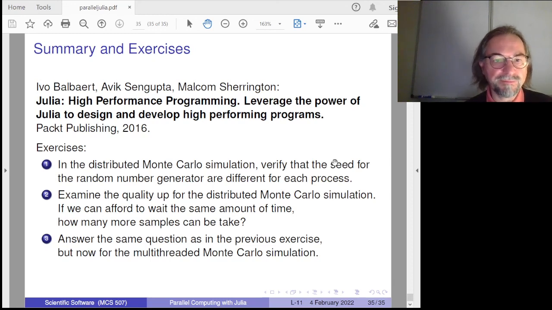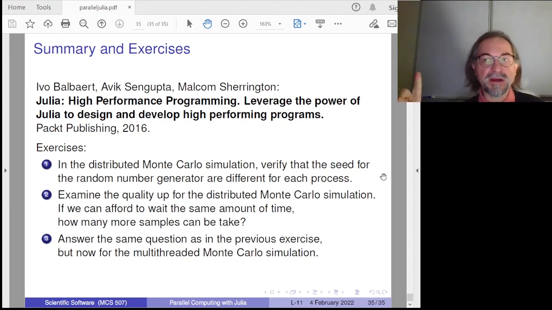And some exercises. For example, the quality up is an interesting comparison. So also, I indicated I was not very careful with the seeds. So if you generate multiple processors and you call a random number generator, verify that all the processors are actually giving you a different random number, even if they are executing this only once.